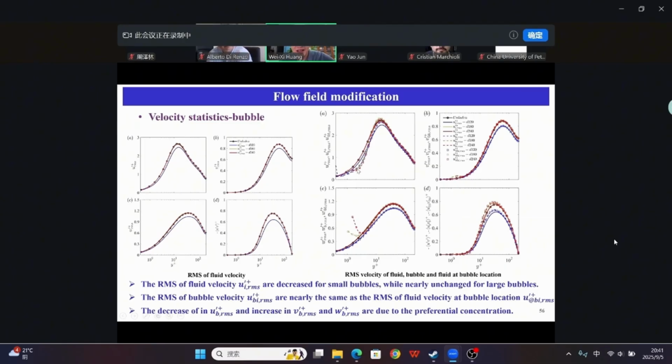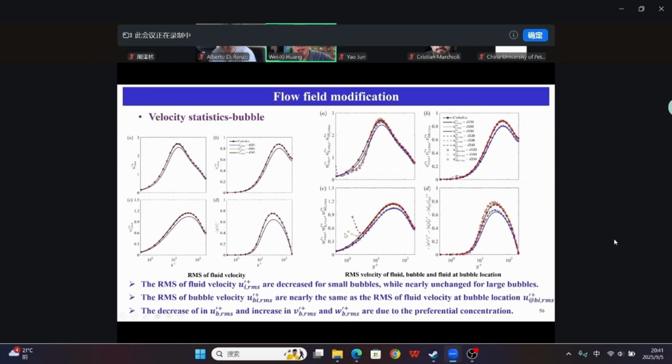So if we compare the velocity fluctuation of the bubble and the velocity fluctuation at the bubble position, we can see this is reduced due to the Q2 event, the preferential concentration.